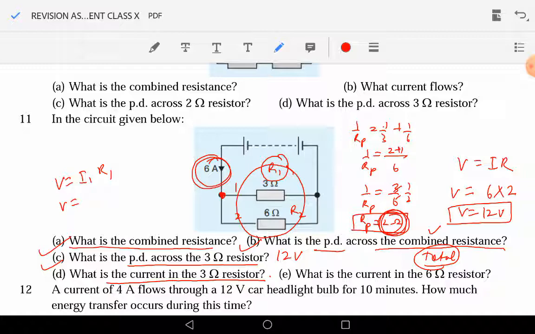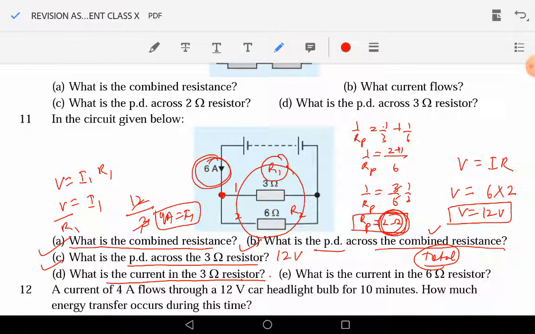I1 is V upon R1. So V is equal to 12 and R1 is equal to 3. And the value comes out to be 4 ampere for I1.